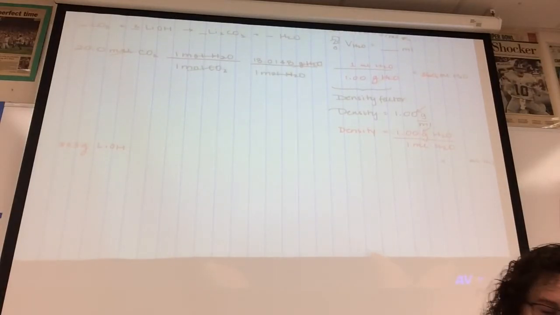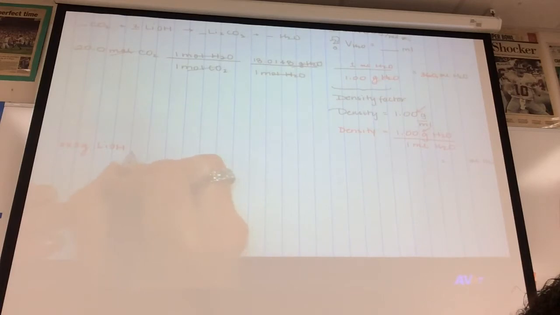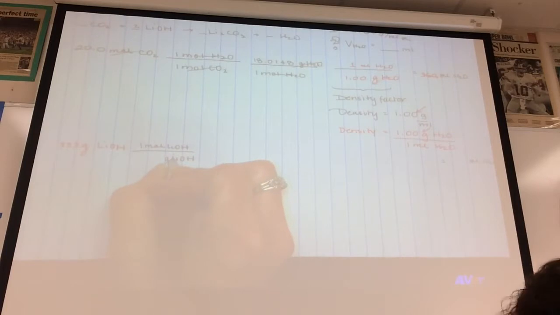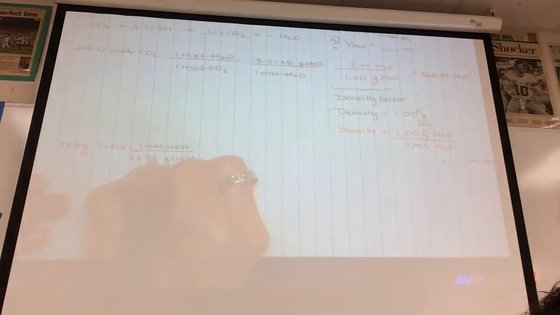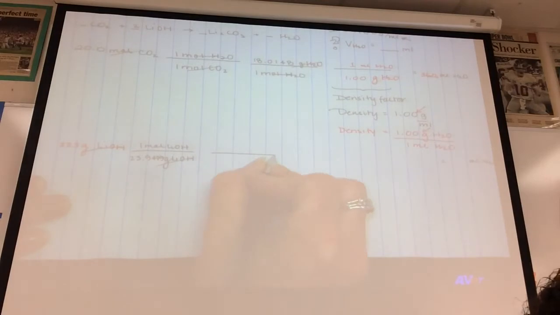What should I do first? Get to moles. 1 mole of lithium hydroxide. Once you have moles, how do you go from one substance to another?